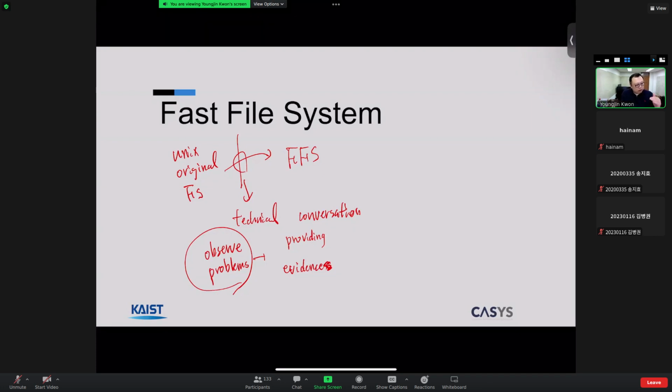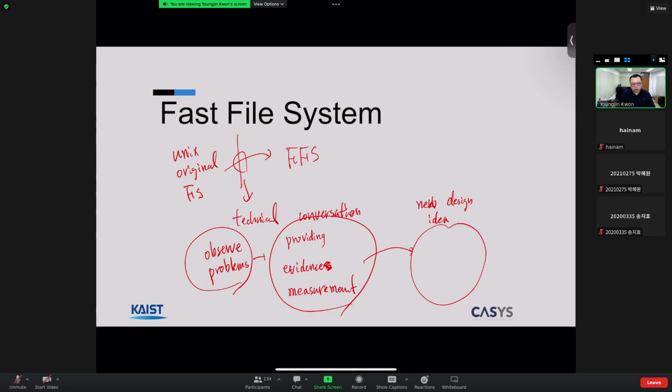So here is a list of problems, showing some quantitative evidence by measurements. This is an important process to persuade people. After showing experimental evidence, you can bring up a new design idea.